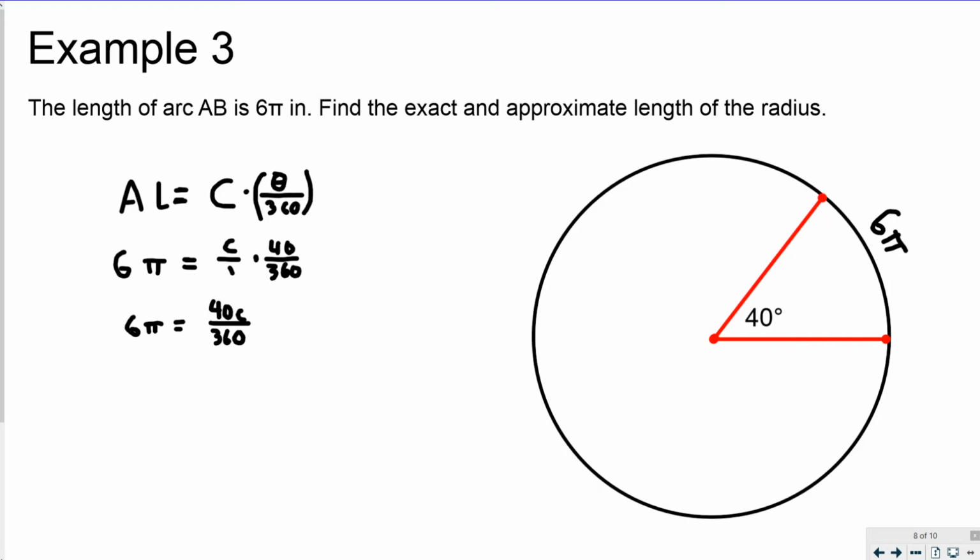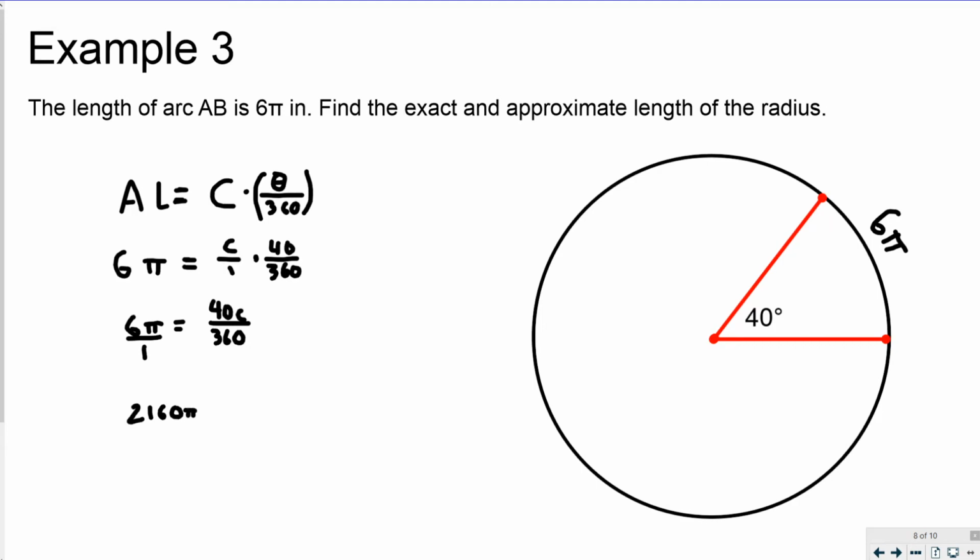So now the tool that we're going to use is we're going to cross multiply. So we're going to put 6 pi over 1 now, and then we're going to multiply 1 by 40C and 6 pi times 360. 6 times 360 is 2,160 pi.